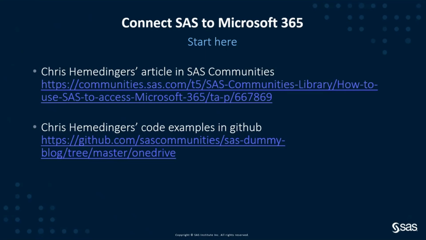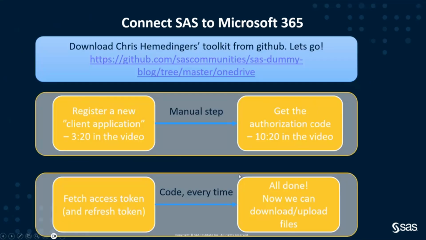The code example that Chris Hammendinger has made is also available from his GitHub directory, which is there, but I'm standing in the way so you can't see anything. I'm sitting down now. And basically what you do, you download the toolkit, and there's a couple of files.